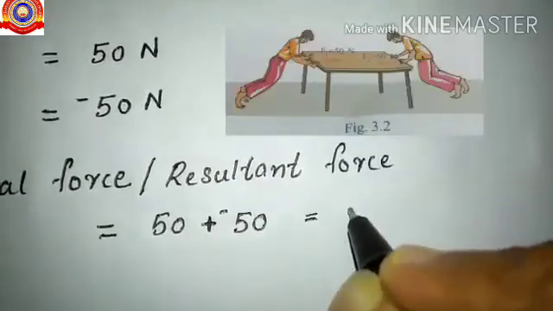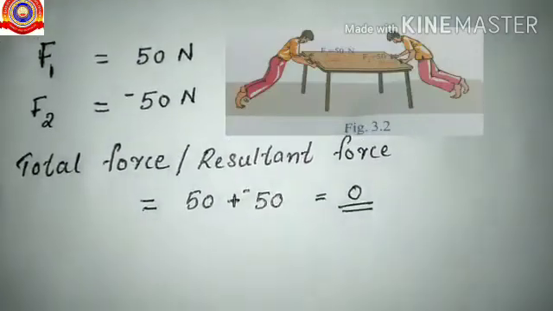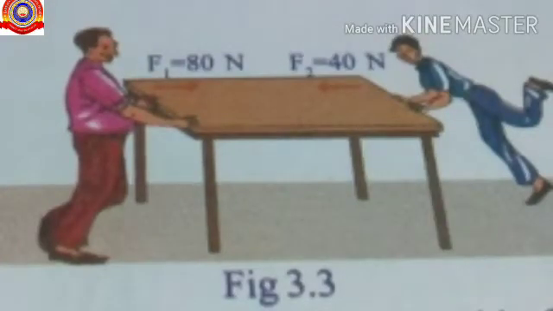So what is the answer? 50 plus minus 50 is 0. So here the resultant force is 0. This is the third figure.